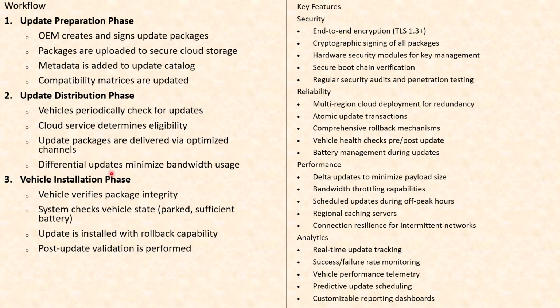Next, differential updates minimize bandwidth usage. This differential update is the actual package which minimizes the bandwidth usage, because bandwidth is very scarce. You have to use the bandwidth as miserly as possible, and it is this differential update which ensures the bandwidth is used properly or optimally.